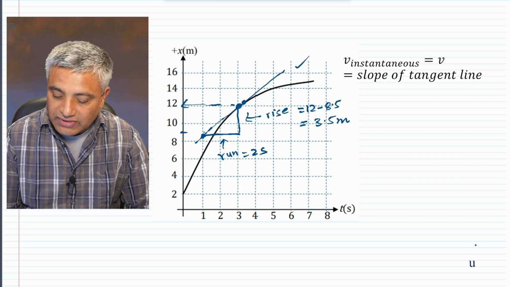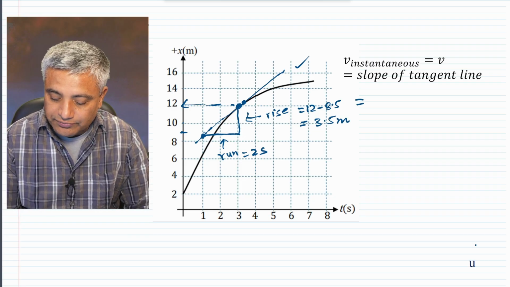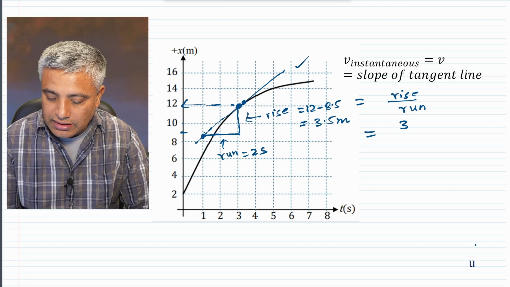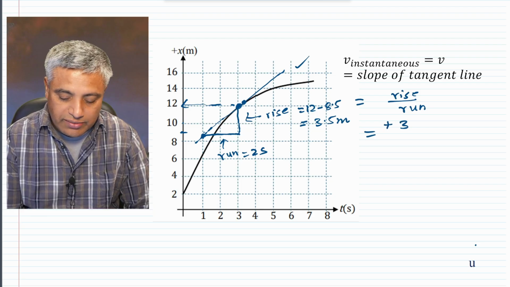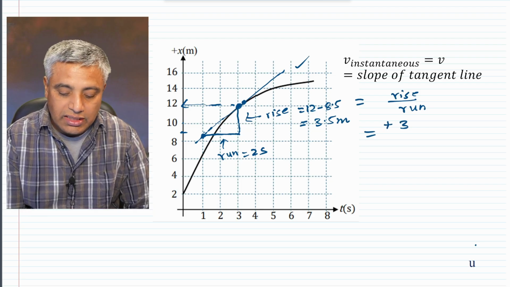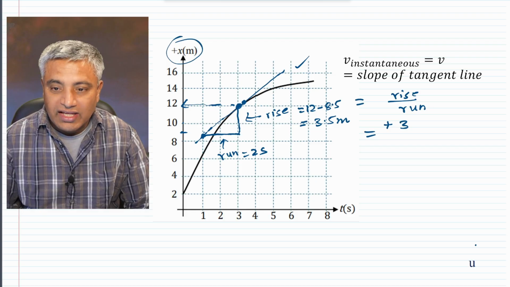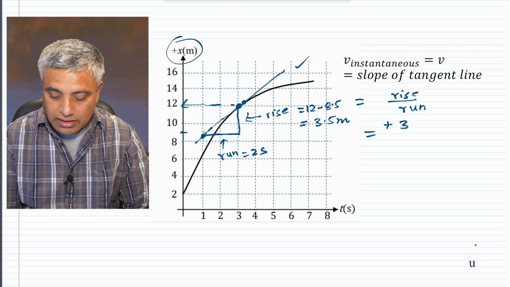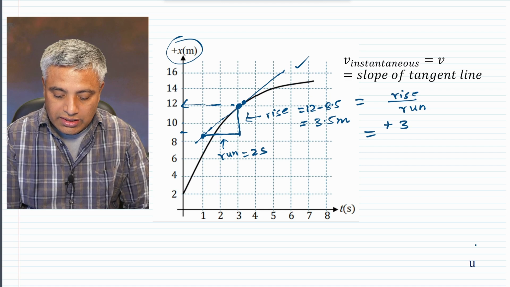So the slope of the tangent line is rise over run, and the rise in this case is positive 3.5 meters, because up is positive, and this is rising, going towards up.